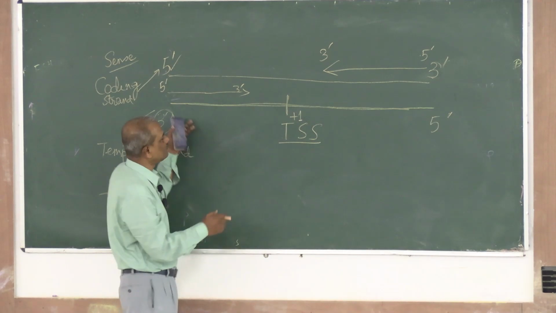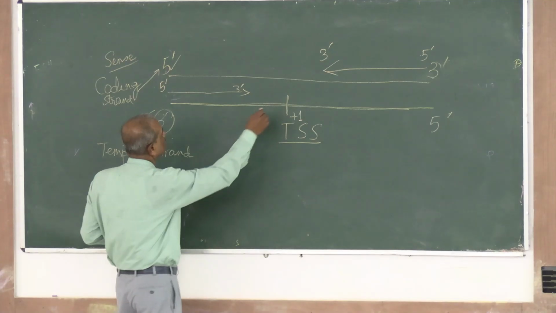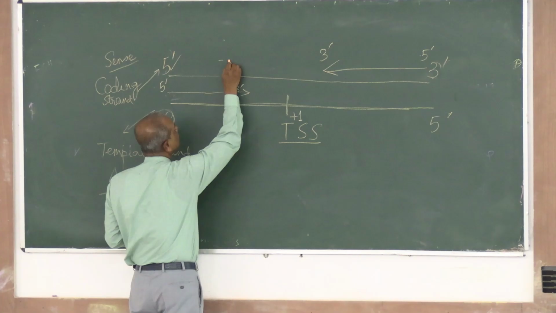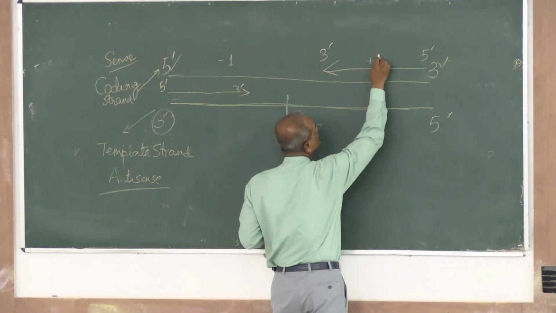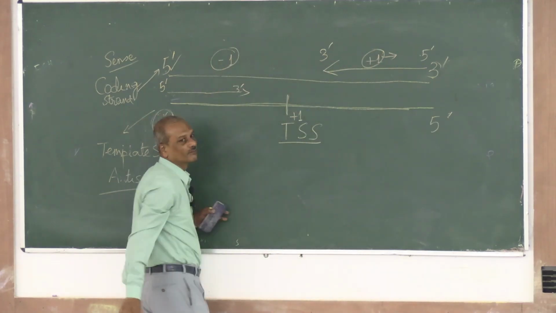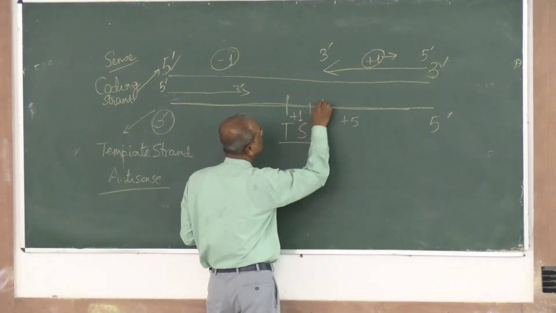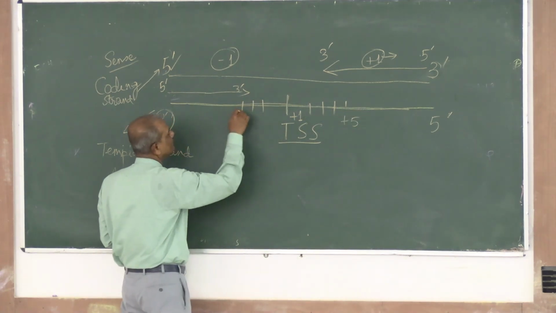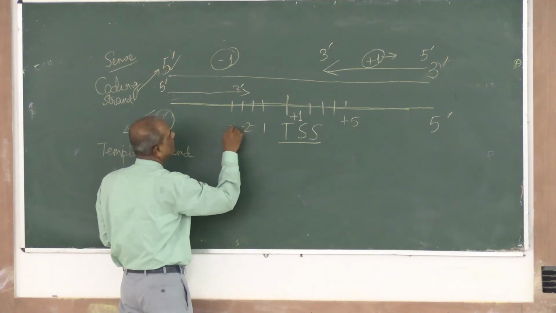So almost a river metaphor is used. Anything on the left towards the 5' end is designated with a minus sign. Anything on this side is designated with a plus sign. So plus 5 means 1, 2, 3, 4, 5. Similarly, on this side, minus 1, minus 2, minus 4.